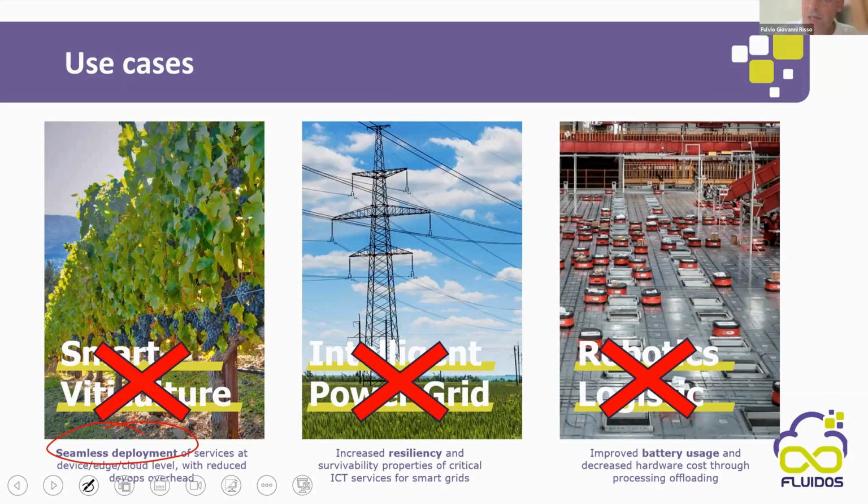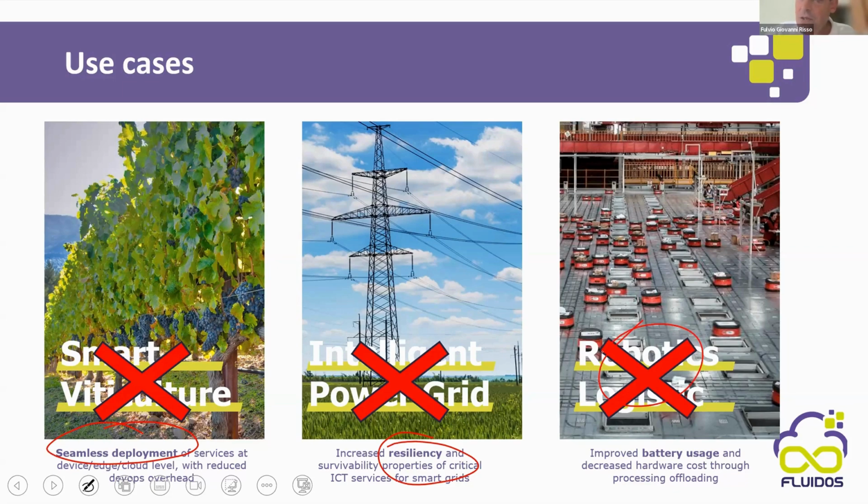And intelligent power grid is actually, yeah, we run on devices that control the power grid, but the problem that we would like to solve with this transparency is resiliency. With the transparency that we provide, we can have a much better resiliency of the power grid, which was not possible with traditional technologies. And with robotic logistics, who cares about robotic?